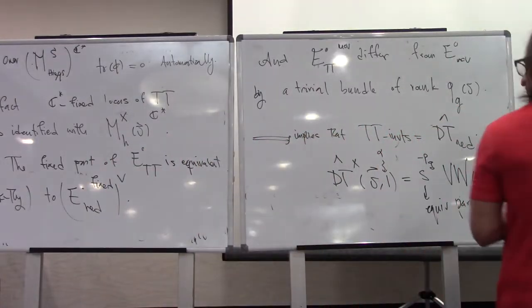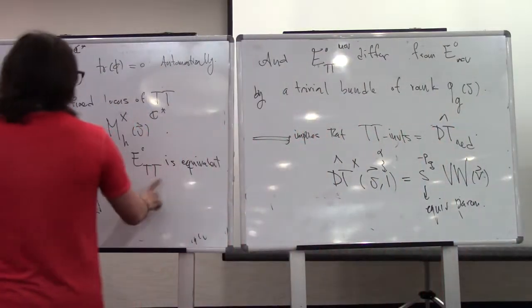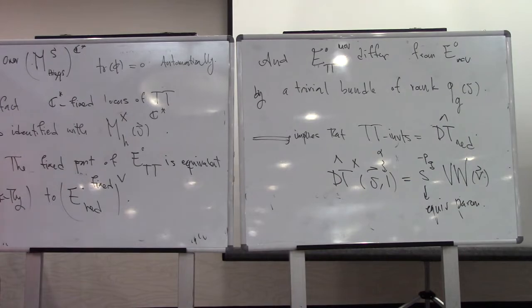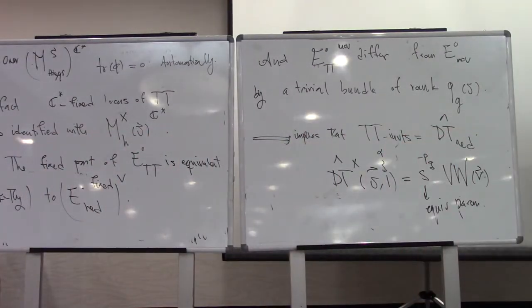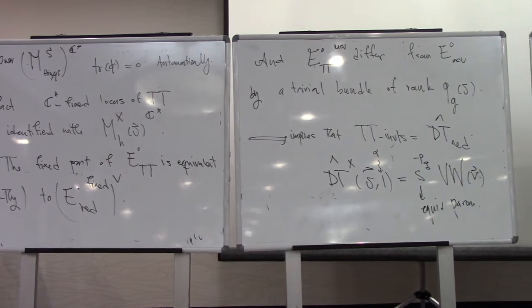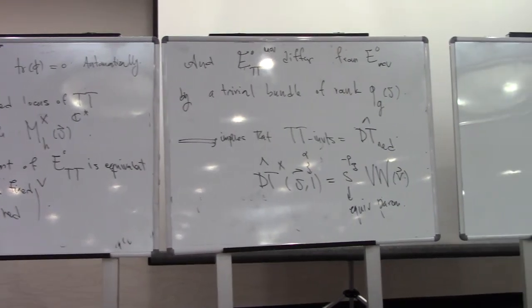And the objects in the derived category that they use is very different from the one that we use. So yeah, we just got lucky and our invariants matched with theirs.